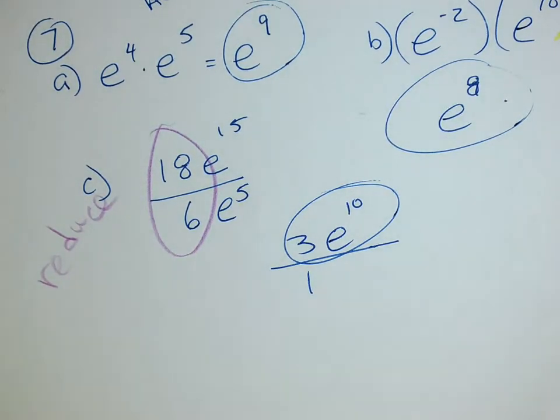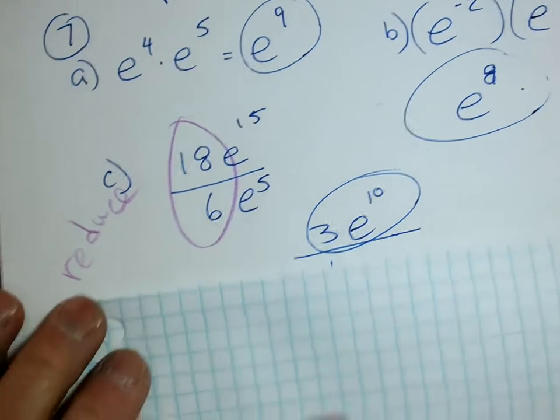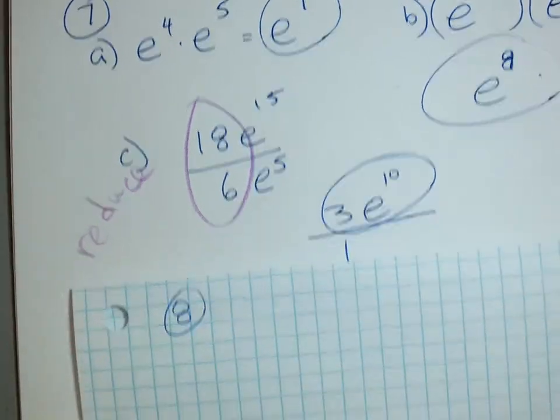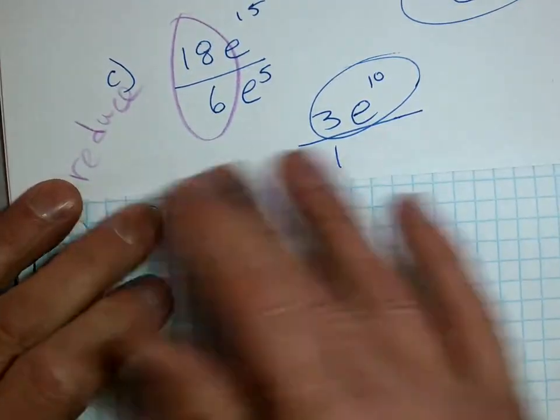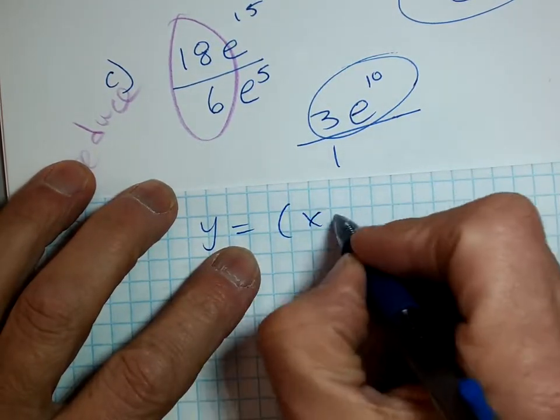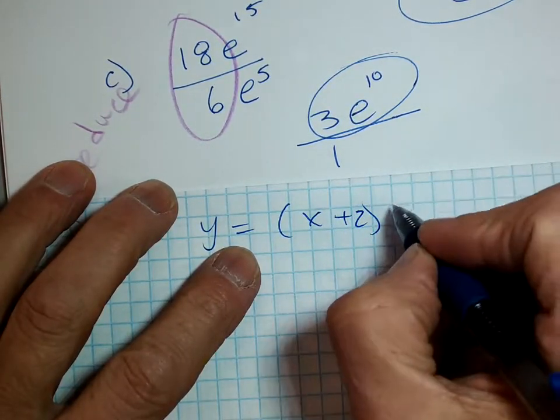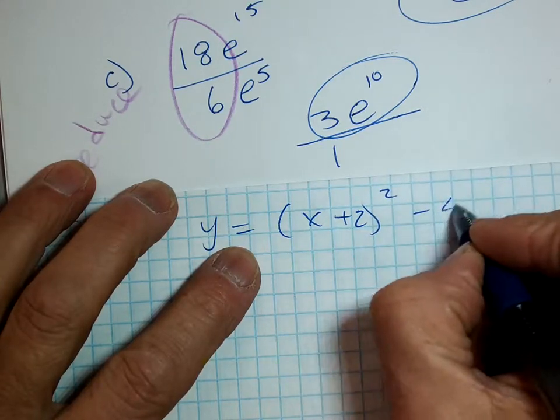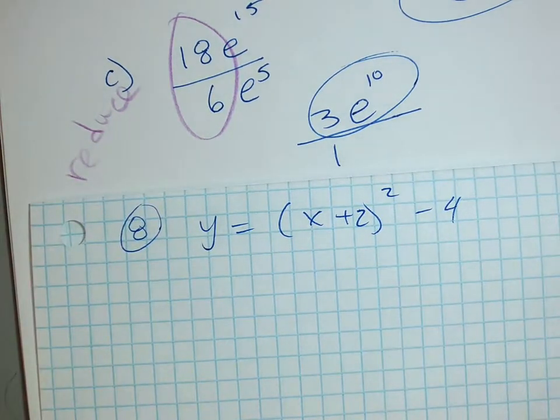All right, number 8. I need my graph paper back. Let's get my graph paper back out. This one's a pretty easy one, though. I got y equals x plus 2 squared minus 4. First of all, I know it's a parabola. You guys agree? It's got to be a parabola because of the x squared.